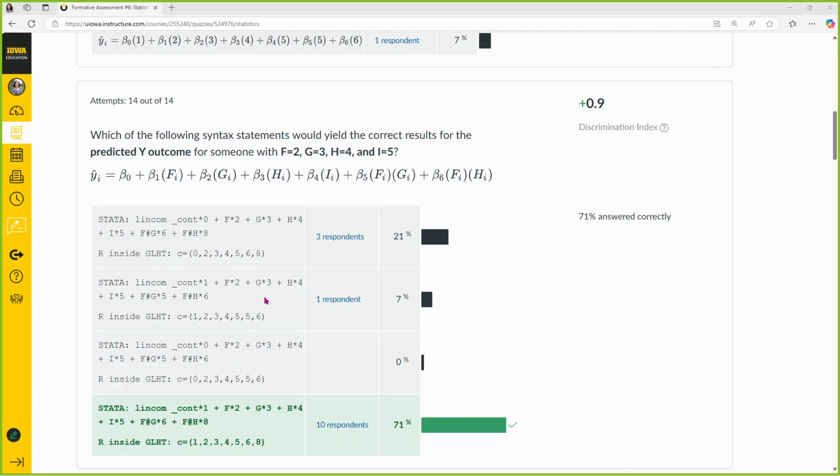All righty. So we have the same values as before. The only difference is how we come down here and make our choice. So in Stata, the CONT, that is your constant, that's your y-intercept, okay? If it's multiplied by 0, that's not going to include that value as you indicated before.